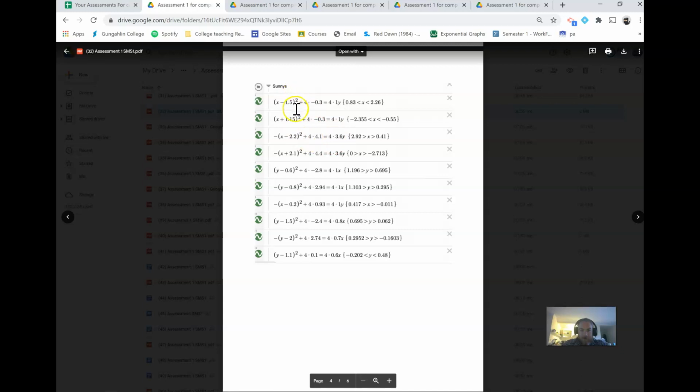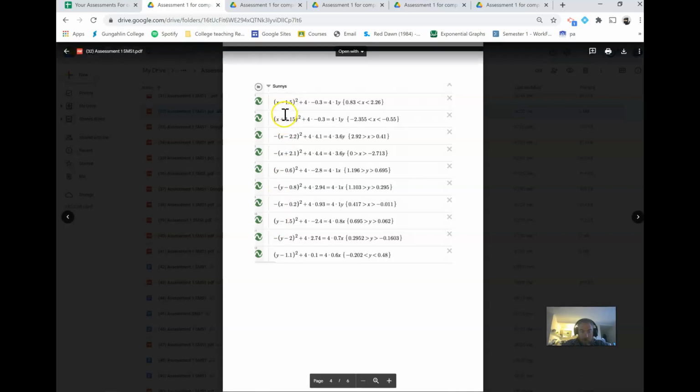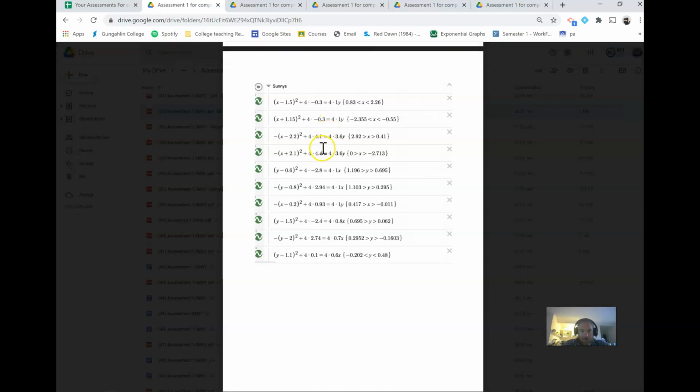Okay, looking through their equations, they've used a lot of perfect squares, and they've added numbers and then taken away numbers. I see what they've done. Cool.